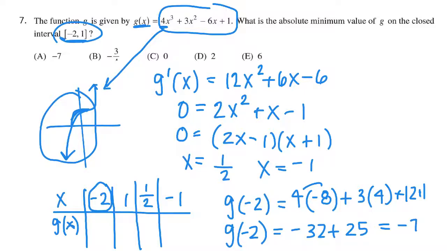Since I want the minimum value and I got -7, there's no other answer choice smaller than -7. So I've already found the absolute minimum. Now, if for some reason that -7 wasn't there, or I got a different number, then I would have tried -1. Then I would have tried 1/2, and then I would have tried 1. So do keep that in mind.